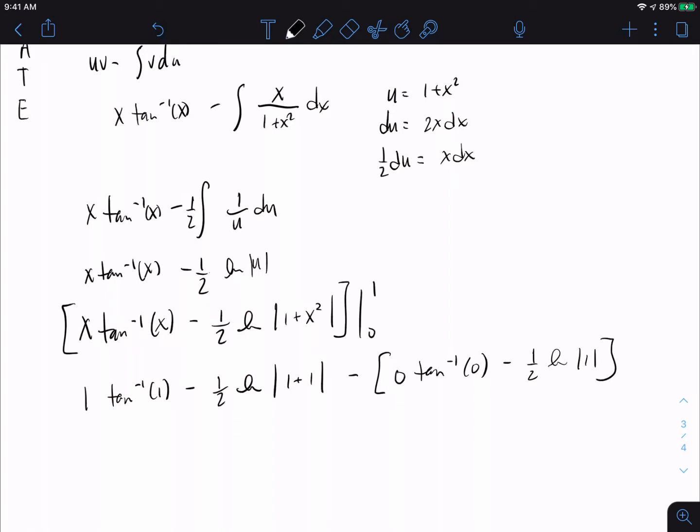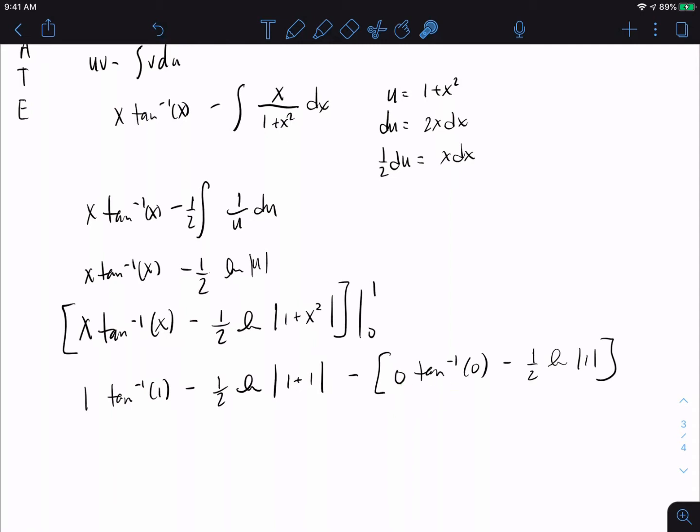What do we know about the minus side? What do we know about this? What's 0 times tan of 0?